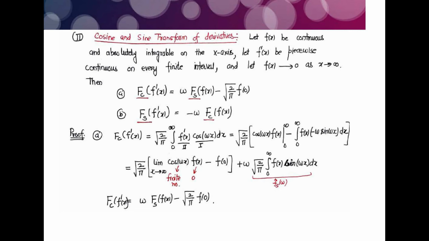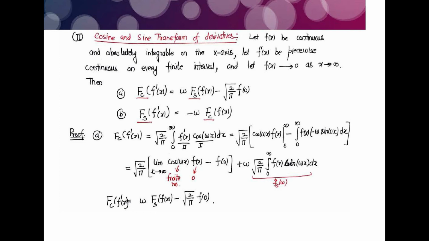Now proof of the first part A, the Fourier cosine transform of f dash x. We put the value of the function f dash x in the formula, that is root 2 upon pi, 0 to infinity, and now our function is f dash x cos of wx dx. Now we integrate it. We treat cos as the first function and f dash x as the second function and integrate by parts. We have this expression.